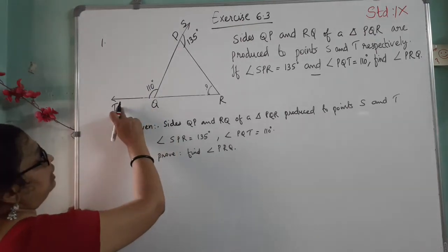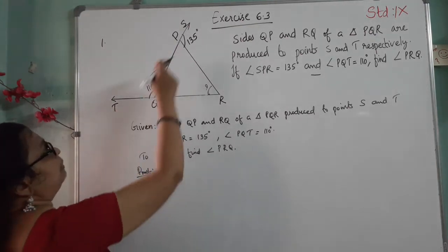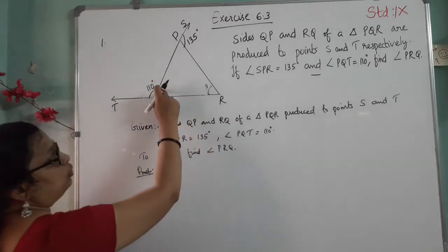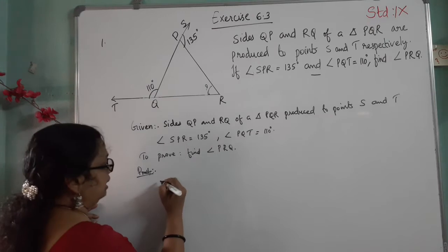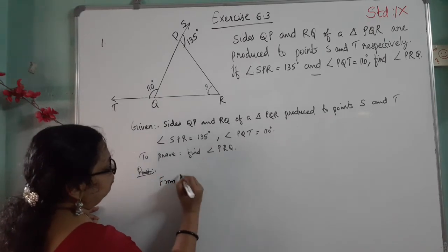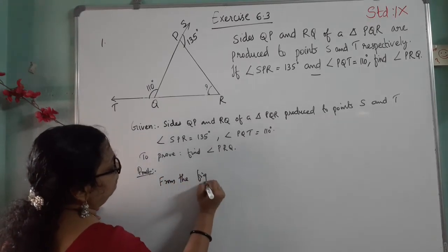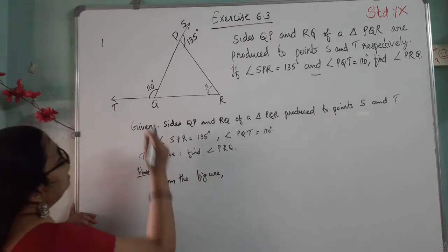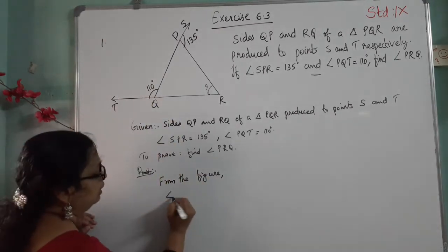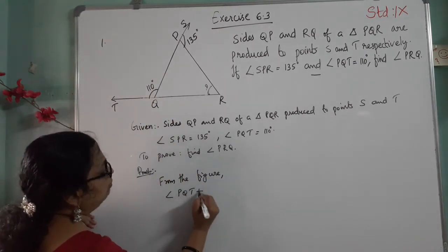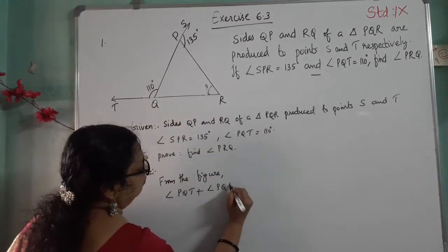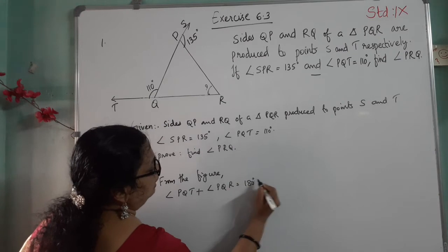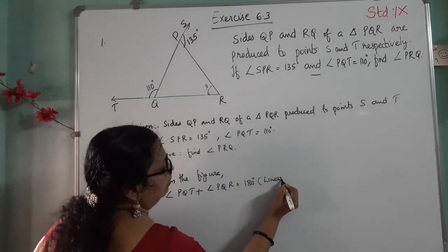Then finding, that is proof. From the figure, angle PQT plus angle PQR, these two angles form a linear pair, that we can write from the figure. Angle PQT plus angle PQR equal to 180 degree, that is linear pair.